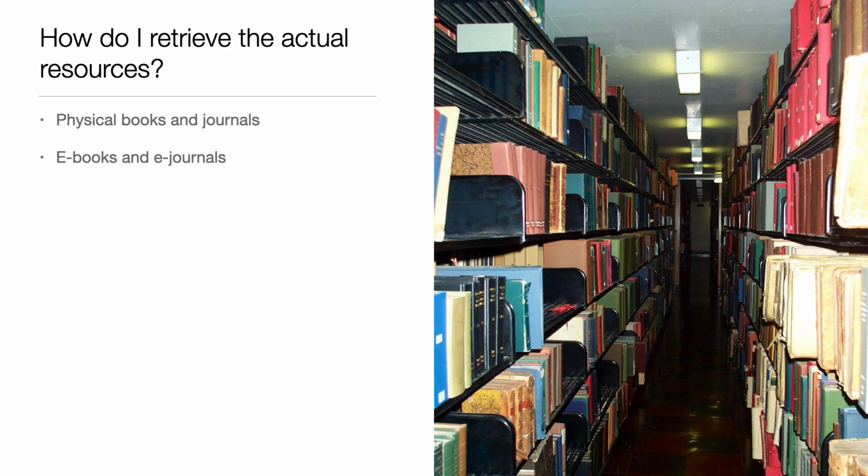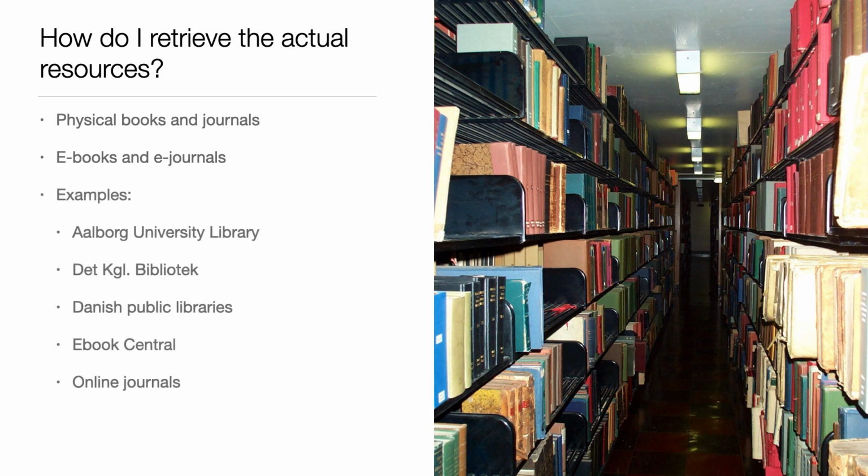And just like with the article indexes, beware that some of these services are also commercial subscription services, meaning that you may only be able to retrieve the particular ebooks or e-journals that you're interested in from within your campus network.